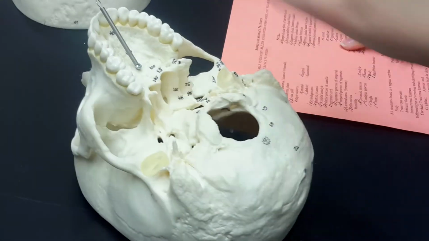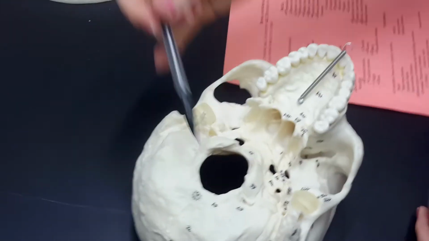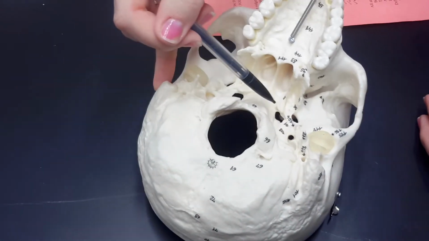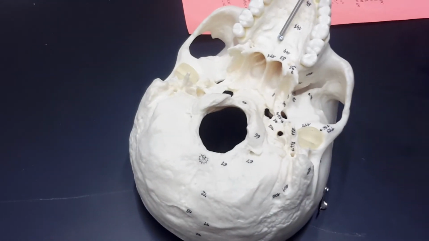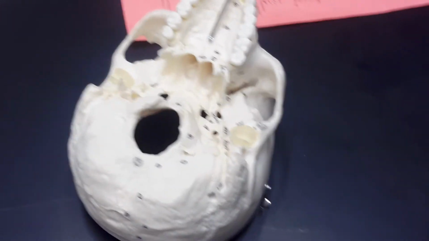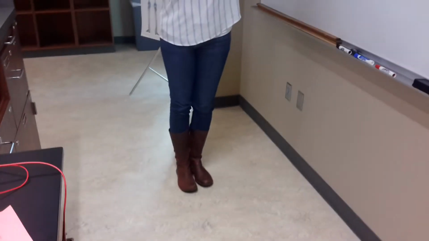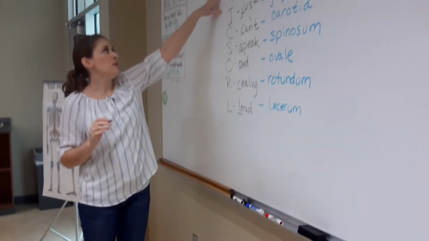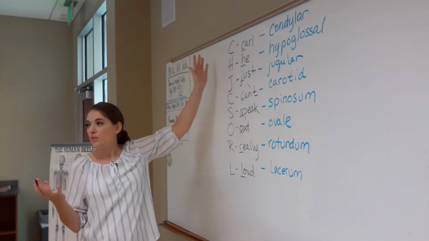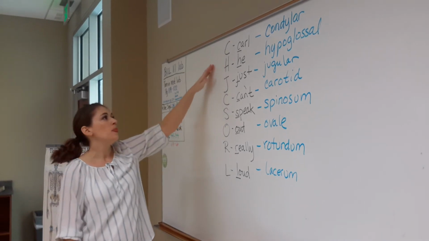Now we just have 8 more foramen to go, and the last 8 follow a really nice pattern around the base of the skull. So before we go over each individual one, I have an acronym up here on the board for you. And so I would recommend writing this down.